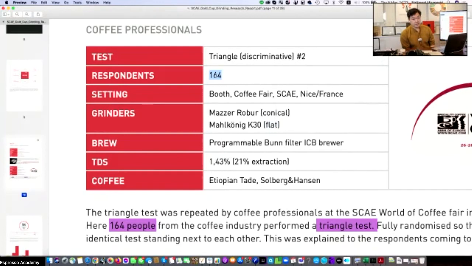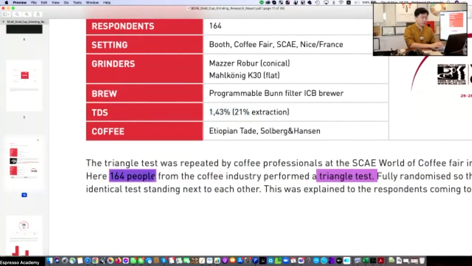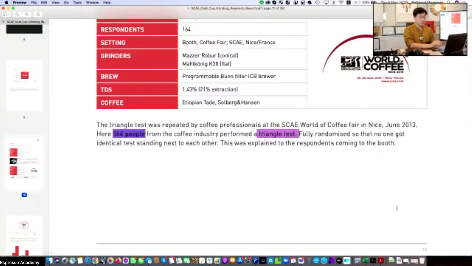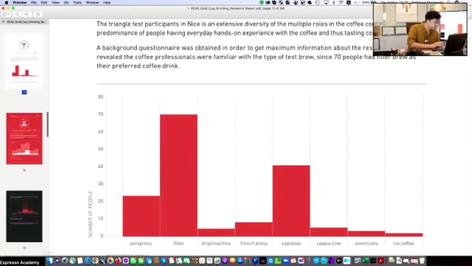The same hypothesis is there's no difference. It doesn't matter which burr you grind from, you will not find a difference. And the point is, these two coffees, when you extract them, are supposed to have the same body and same extraction. Out of those 164 people, let me see, what is it?